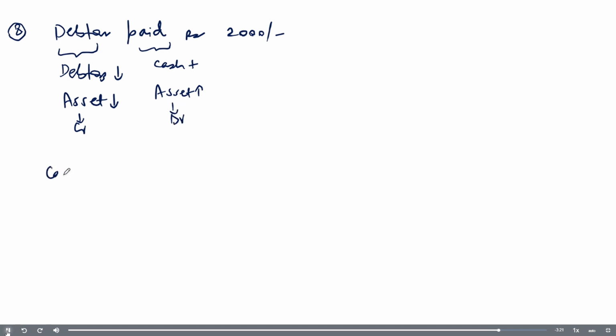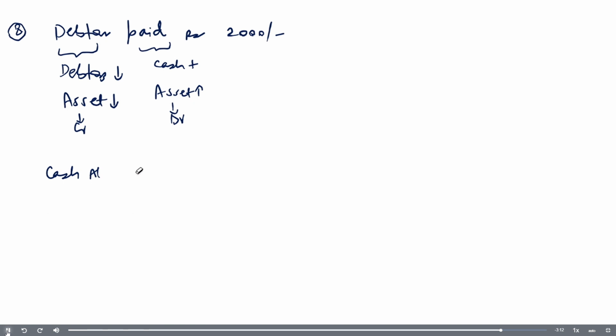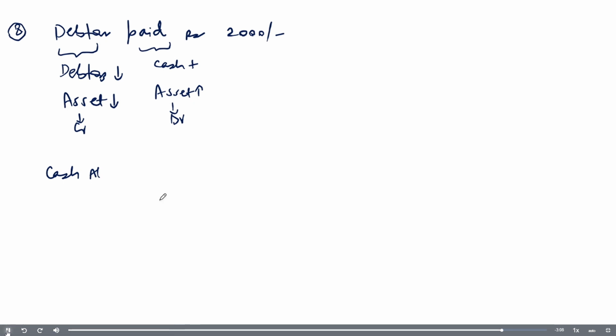So you will say cash account debit to debtor. That means the debtor is settling us to the extent of 2,000. So while on the one hand cash comes in, on the other hand debtor comes down. Cash account debit to, so credit the debtors.